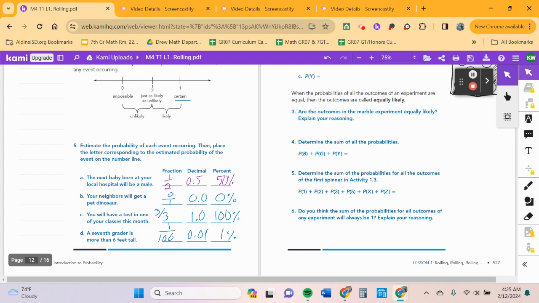The decimal of that is 100ths, or 0.01, and that percentage is 1%. Now, if you did 2% or 30%, whatever is fine. As long as you wrote somewhere in between 0 and 50%, because that is something that is unlikely to occur in most places.